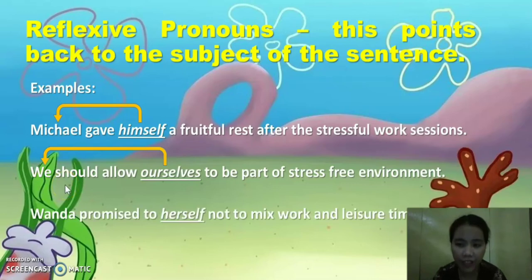Okay, another example. Wanda promised herself not to mix work and leisure time. So the reflexive pronoun here is herself, which is referring to the noun or the antecedent Wanda. So I hope you understand what a reflexive pronoun is, class.